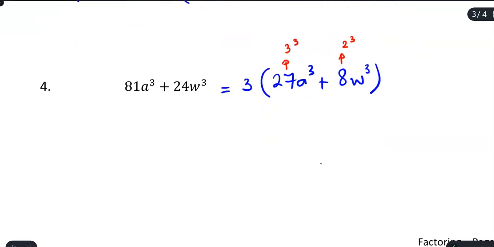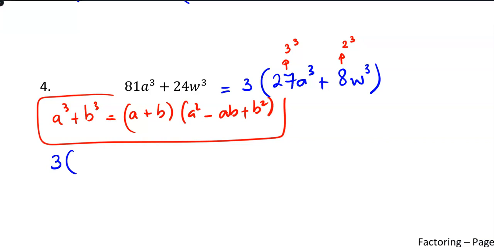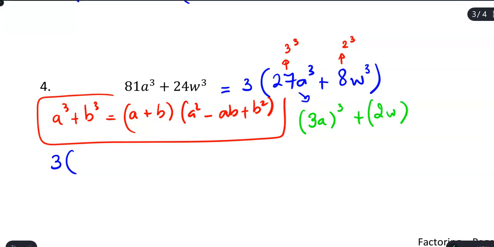So the formula is a cubed plus b cubed will be a plus b, a squared minus ab plus b squared. Then I will write this as 3 times, so I should write it as this just to make sure, 3a all of it cubed plus 2w all of it cubed.